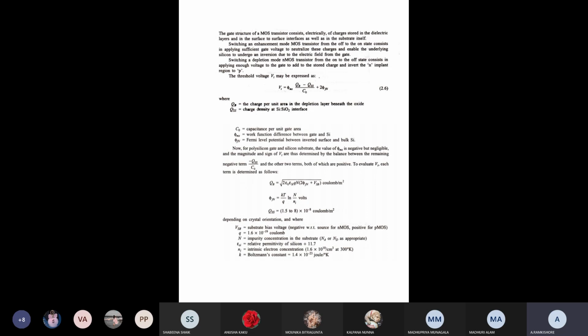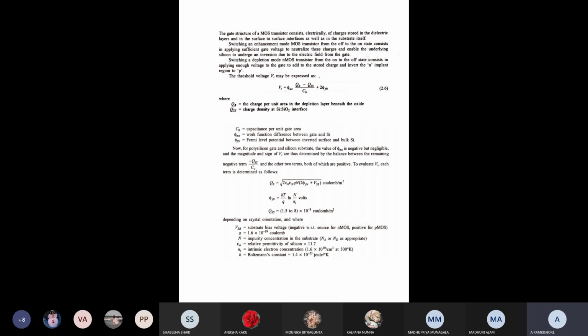Switching a depletion mode NMOS transistor from on to off consists in applying enough voltage to the gate to add to the stored charge and invert the unimplanted region to P.